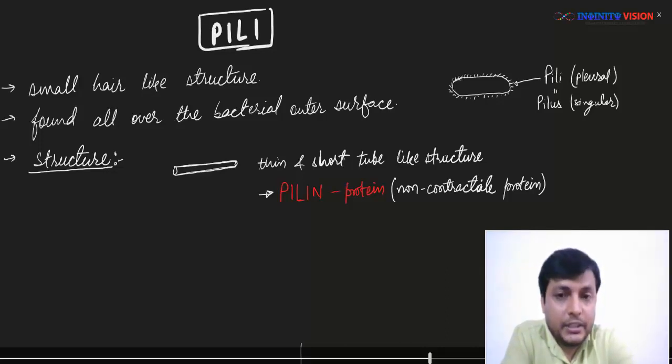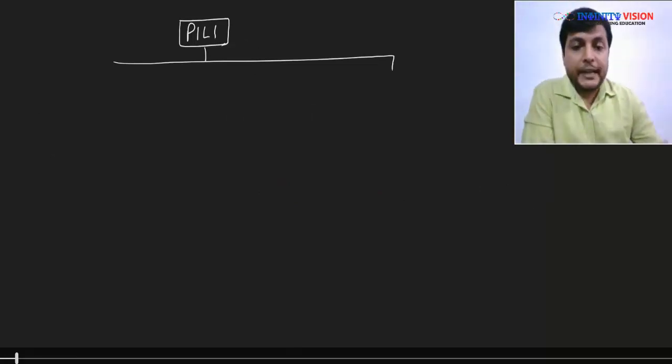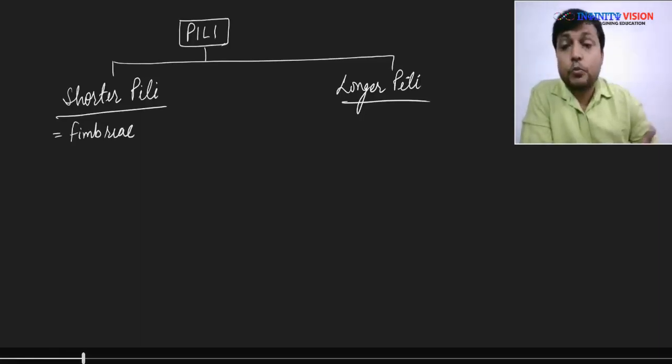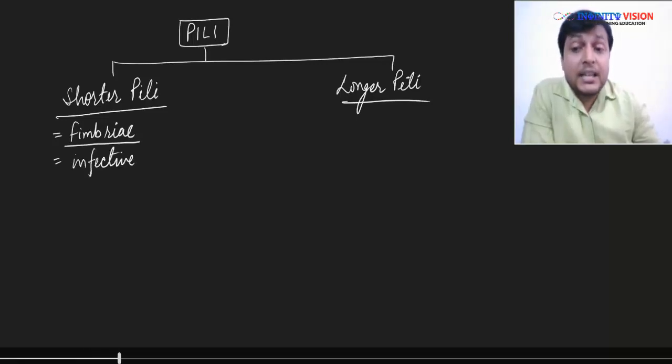They cannot have cilia. Cilia is a eukaryotic structure. Great. Now, if we take pili, pili can be divided into two, that is shorter pili and longer pili. What are these shorter pili? Shorter pili are also known as fimbriae or infective pili, right?